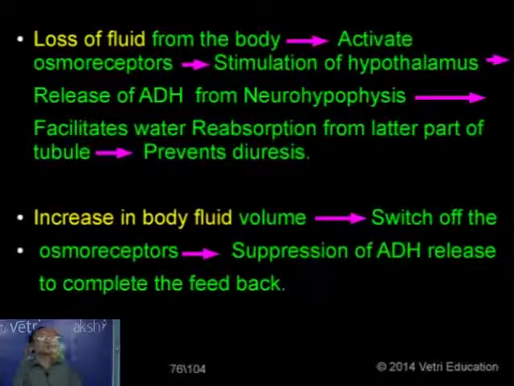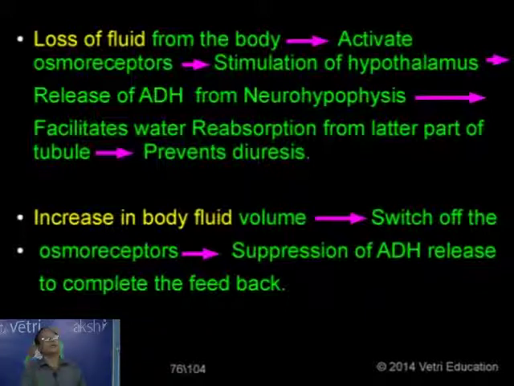Now, what will happen when there is a loss of fluid from the body, and what will happen when there is more water content in the body? When you have more loss of fluid from the body, that stimulus activates the osmoreceptors of the hypothalamus.